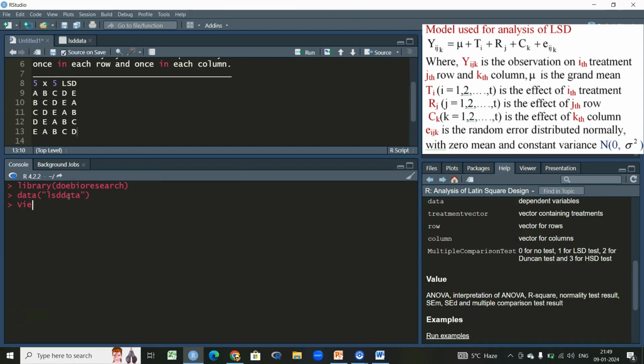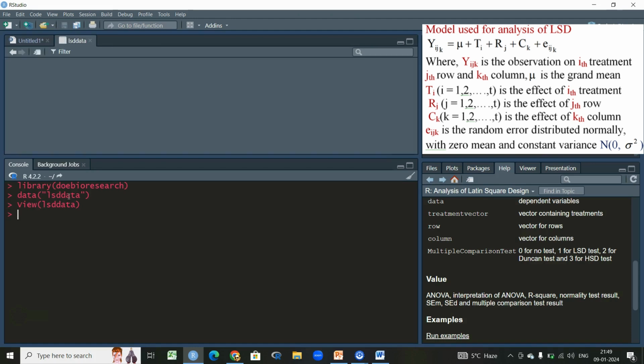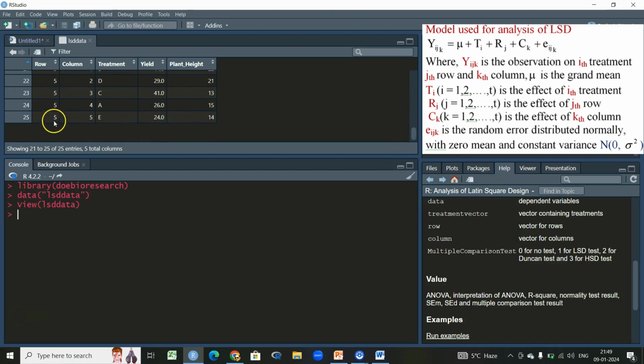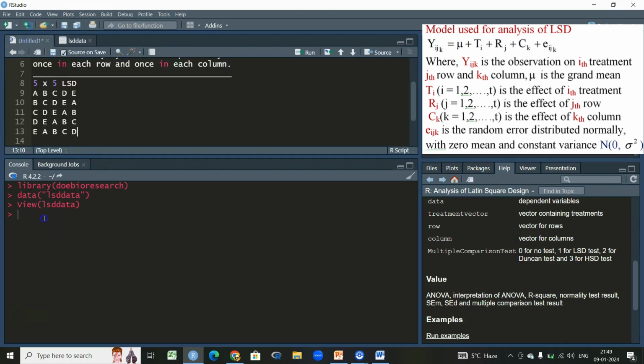Let us view this lsddata. Here you can see we have rows, columns, treatments, yield, and plant height, two continuous study variables. We have 5 rows, 5 columns and 5 treatments A, B, C, D, E. So we have clear evidence of a 5 by 5 Latin square design.